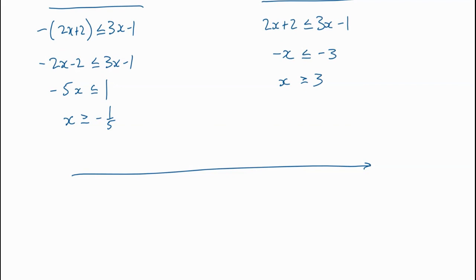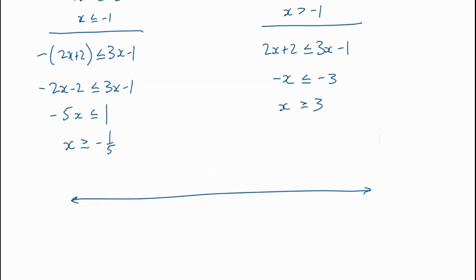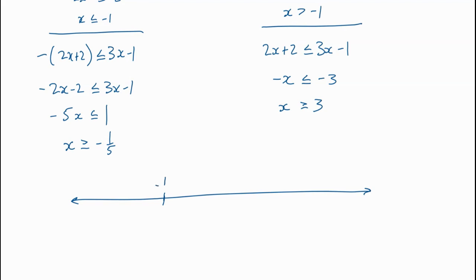So I'll do a number line for the first one, and I'm going to mark negative 1. And hold on. Yep, negative 1, negative 1/5, and 3.